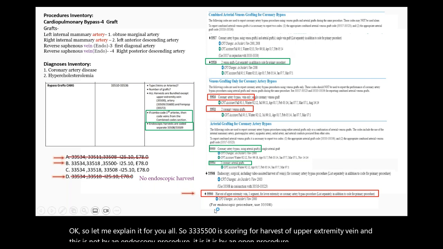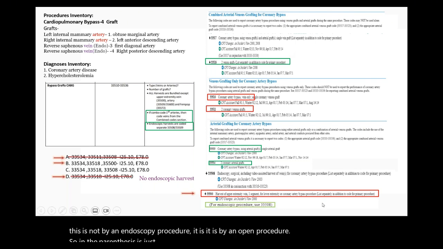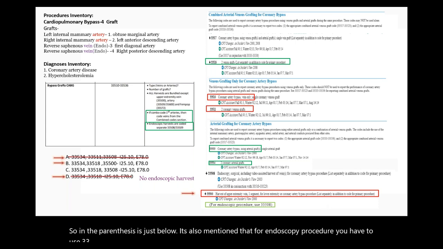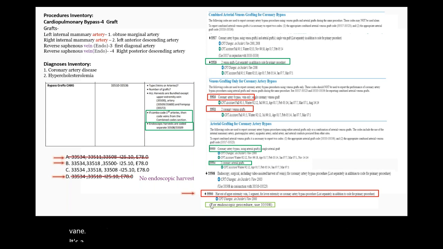In the parenthesis just below, it's also mentioned that for endoscopic procedure, you have to use 33508. Moreover, 35500 is coding for harvest of upper extremity vein. We had a reverse saphenous vein graft used here, and reverse saphenous vein graft is not an upper extremity vein. It's a lower extremity vein. So it is incorrect in both ways.